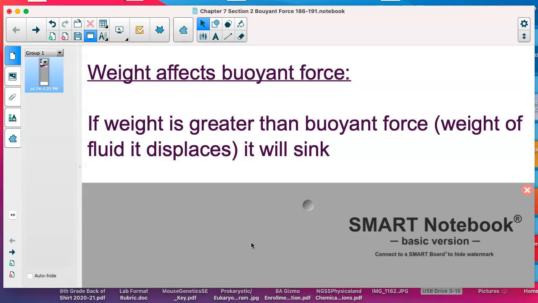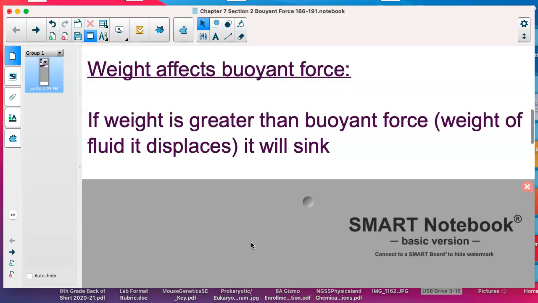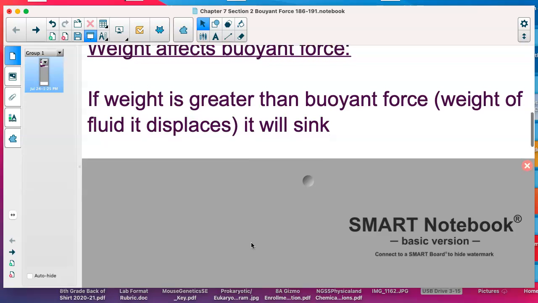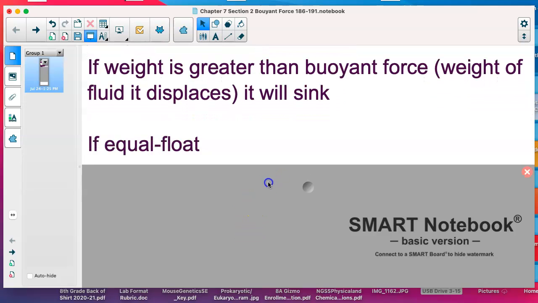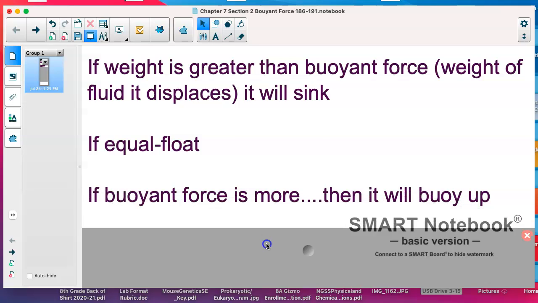So if the weight is greater than the buoyant force and the amount of fluid that it displaces, it's going to sink. So if we think about how we hollow out a boat, if you have something that's got more surface exposed, that's going to make a difference. So we'll talk about that too.